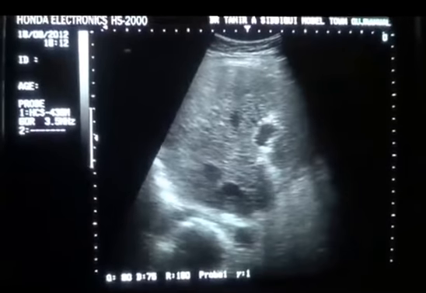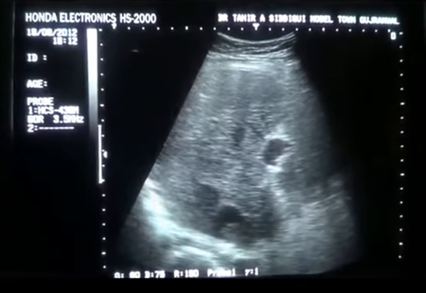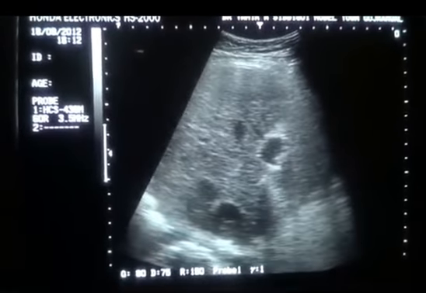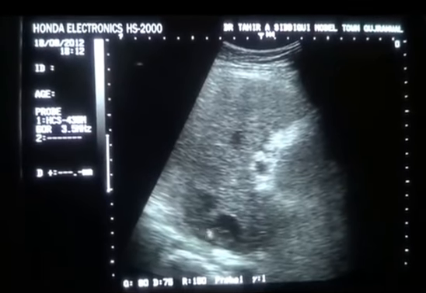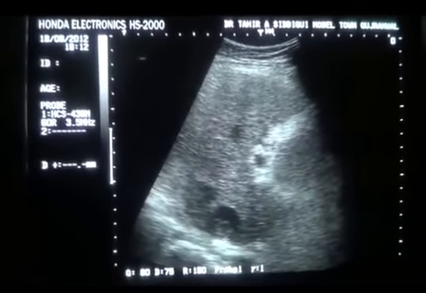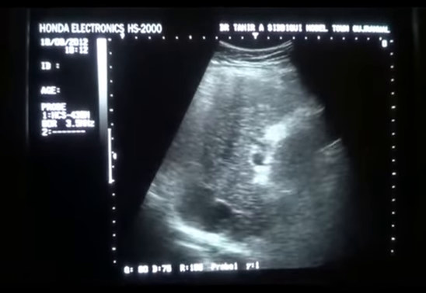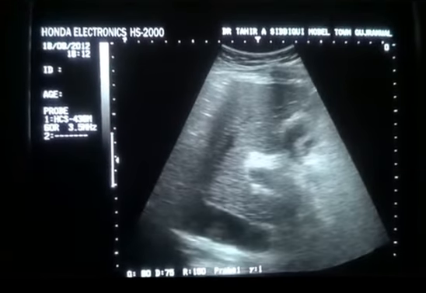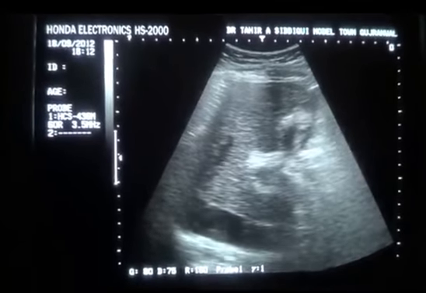Now again, concentrate on this area, the transverse section of the IVC with the clot within, and now I'm moving the probe 90 degrees.